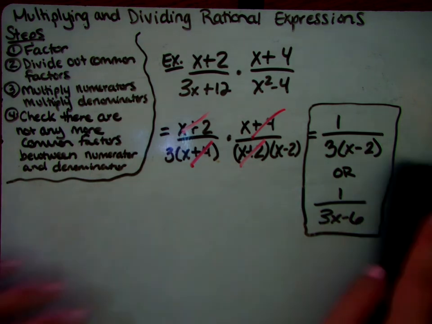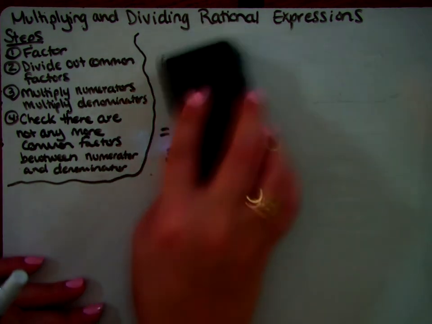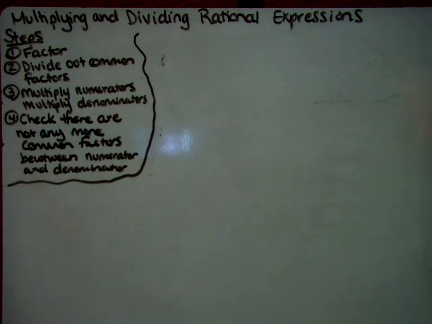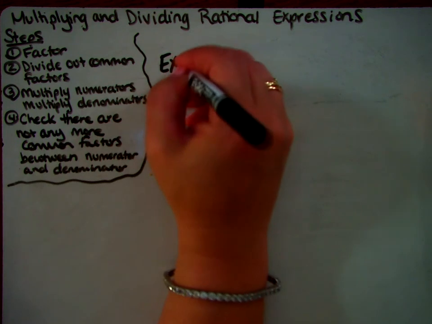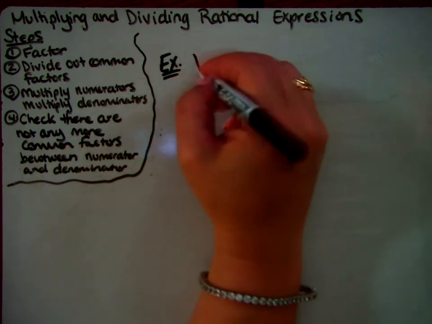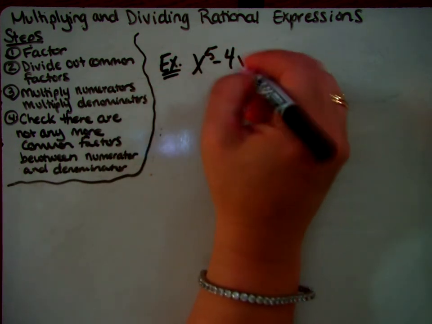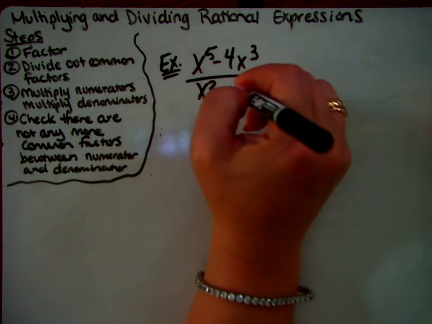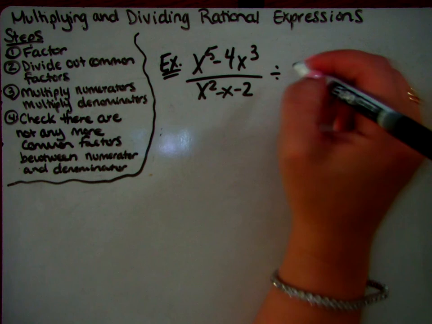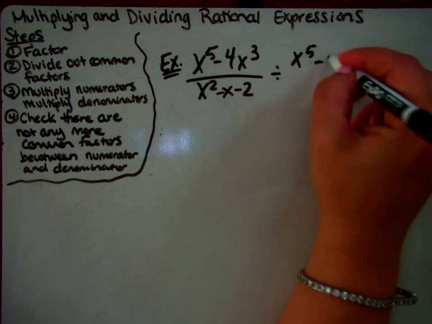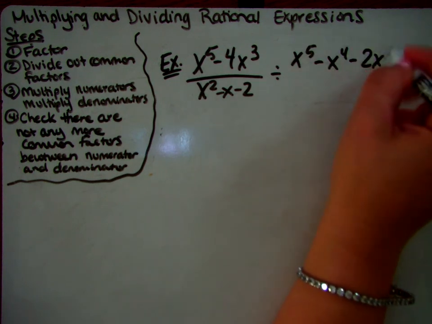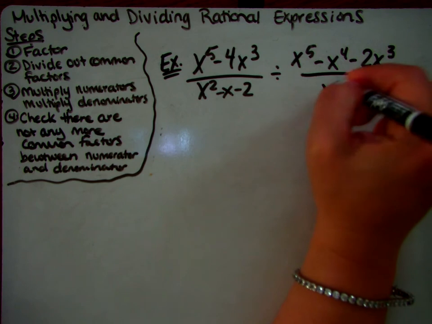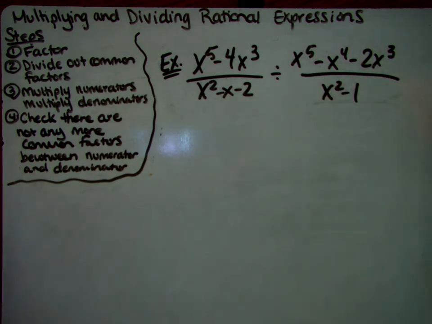All right, and the last examples. We are dividing. I'm going to just go right into one that we have to factor. So (x⁵ - 4x³)/(x² - x - 2) divided by (x⁵ - x⁴ - 2x³)/(x² - 1).